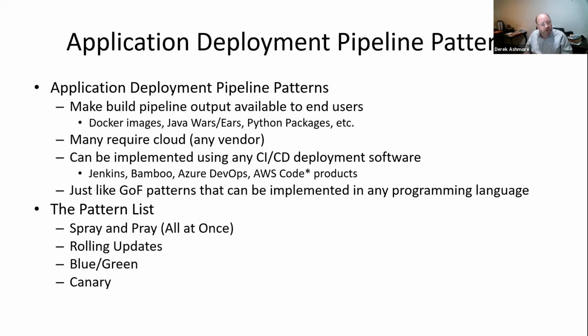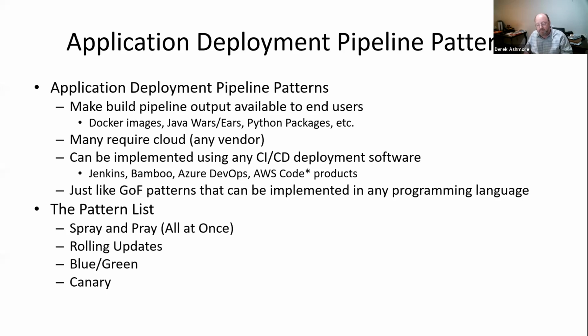A friend of mine calls this spray and pray, which is essentially what it is, because we're going to get into this, but while it's the simplest to build, it also causes the most outage time for deployment and potential rollback.